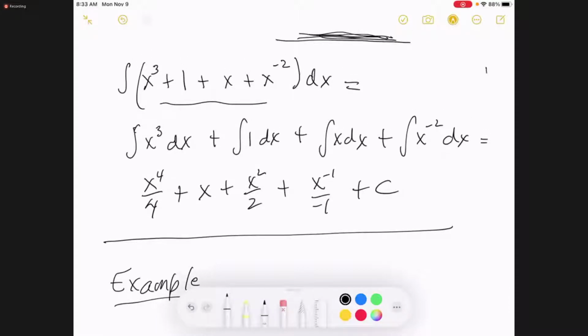We had this property that if you had the sum of two functions, you can break it up into the sum of two integrals. So here we break this one integral up into the sum of four integrals. And now everything is basically using the rule x to the n.